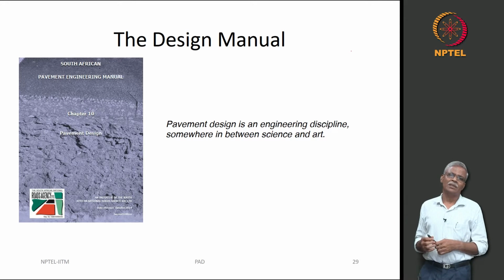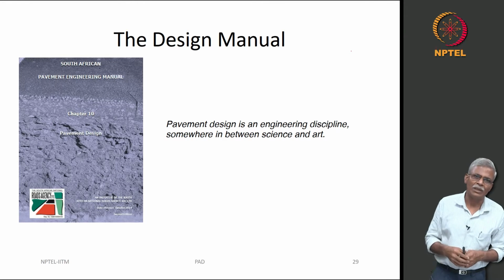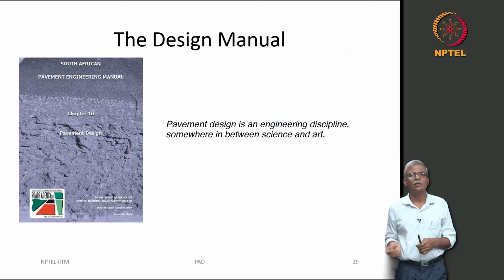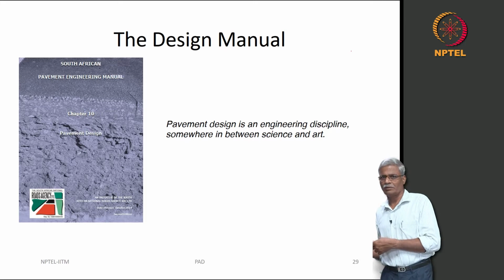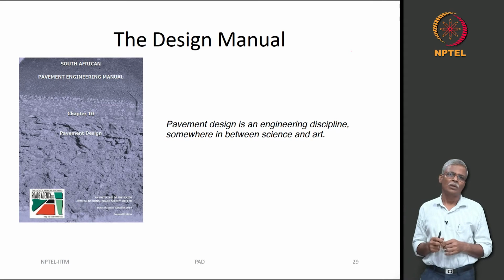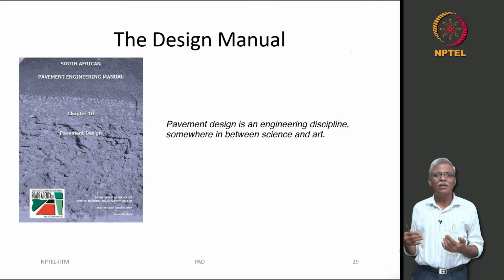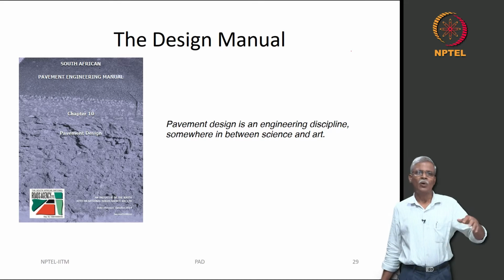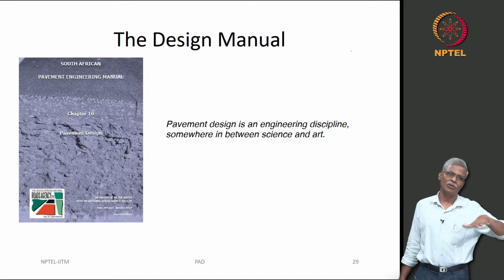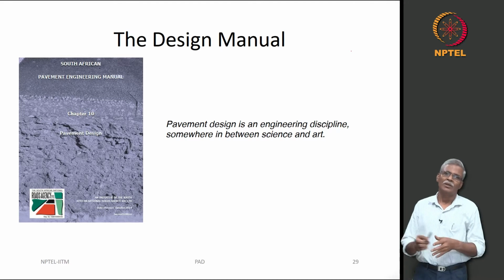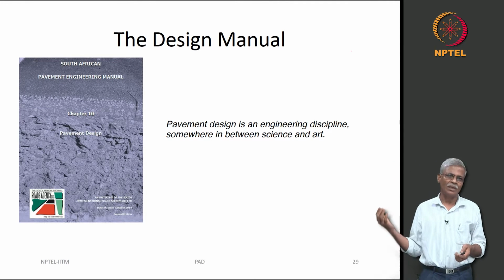This is the first sentence that I really liked in the pavement design manual, and it says something like this: pavement design is an engineering discipline somewhere in between science and art, which is very true. In fact, in the last discussion that we had, you must have seen in the distress transfer function how on the left hand side you have number of repetitions to failure for rutting or fatigue cracking, which is the terminal condition, which is related to the initial condition that is given on the right hand side.